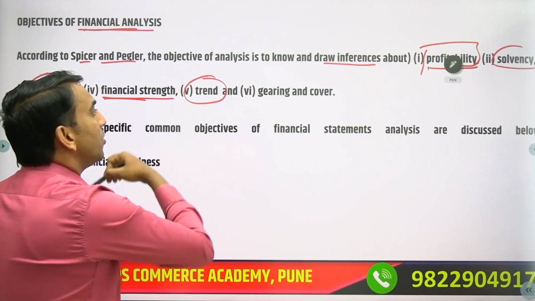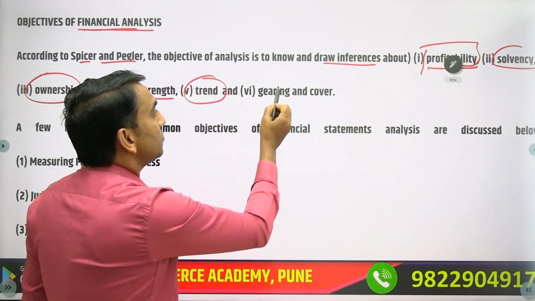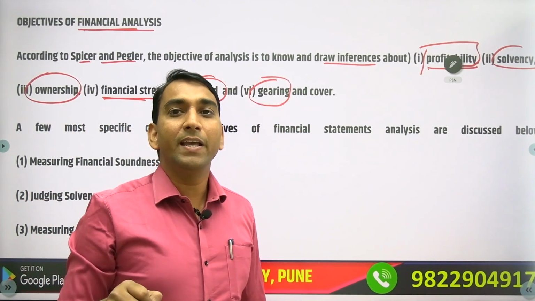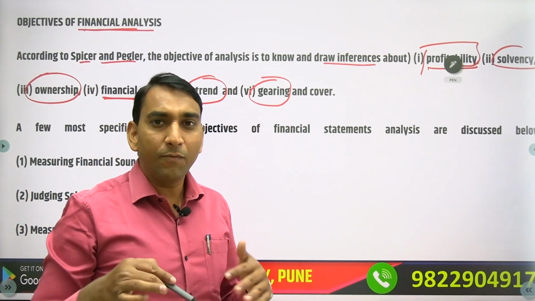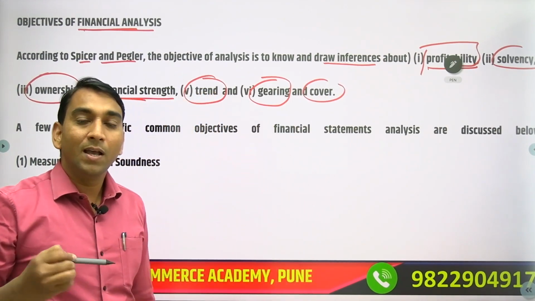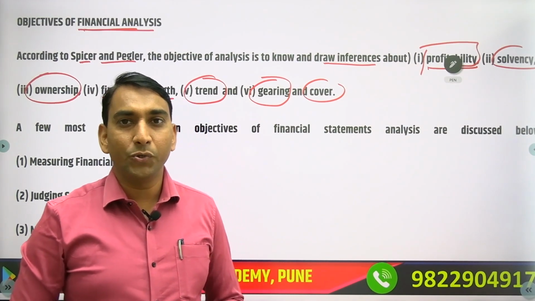Then I want to check the trend. Then comes gearing. What is this gearing? This gearing is nothing but the capital gearing ratio actually. Capital gearing, high gearing, low gearing. That we'll see in the later part. Then cover. Cover means what? Coverage ratio actually. Like the dividend coverage ratio, and the interest coverage ratio.